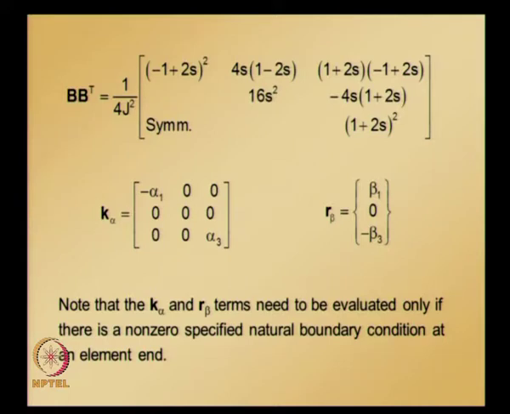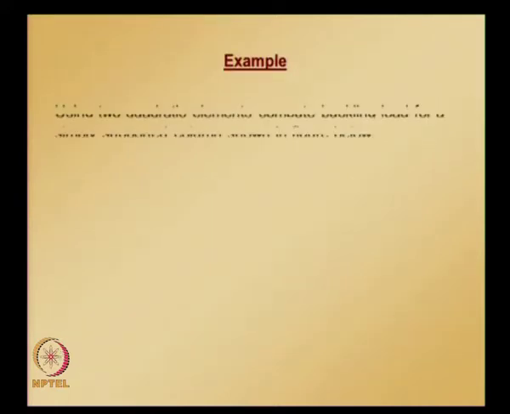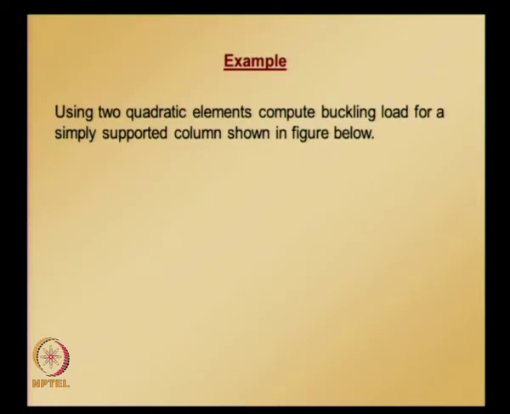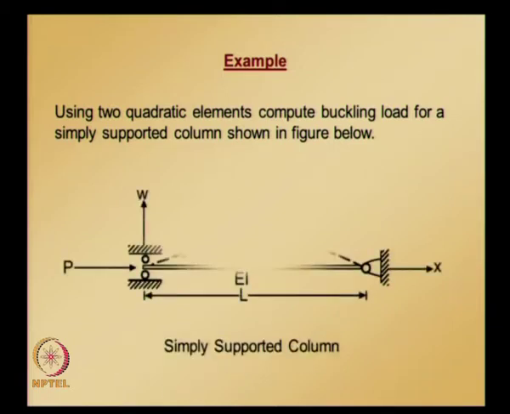So, here we will be solving the same problem using 2 quadratic elements, compute buckling load for simply supported column shown in figure below. We will be using the same number of nodes for discretization.